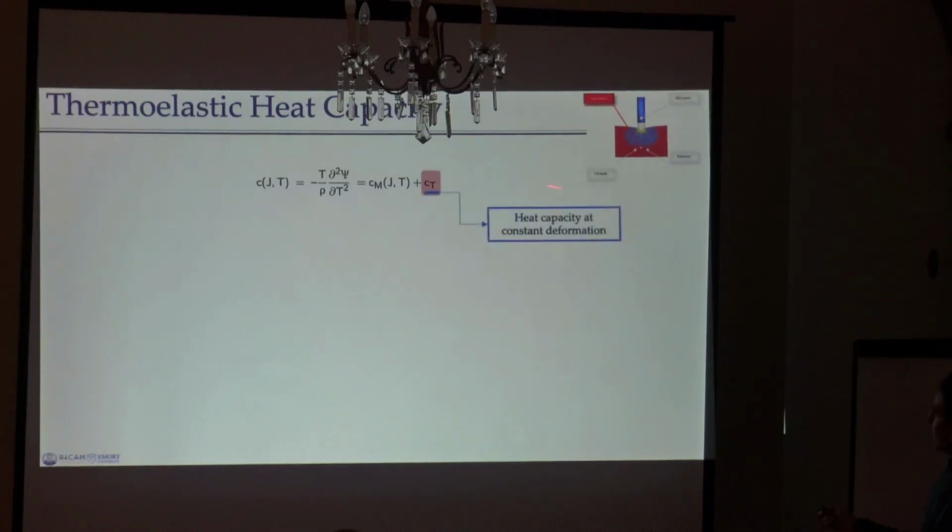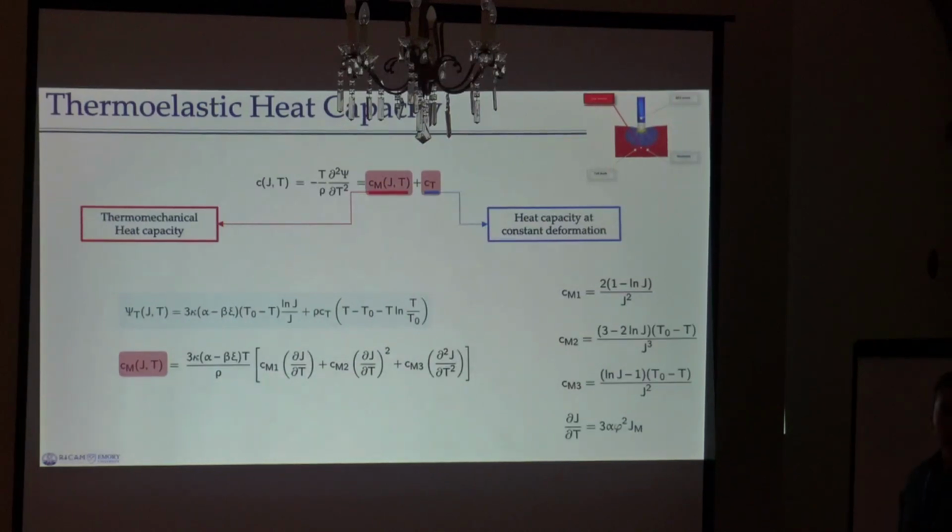If you do that, you have a classical heat capacity at constant deformation, and this is what everyone usually uses, but you can also have an additional term because of the thermomechanical strain energy function, okay? And in this definition, again, the cell behavior, in particular cell death, is going to enter, okay? If the energy depends on cell dynamics, also this thermomechanical heat capacity is going to depend on the same effect.